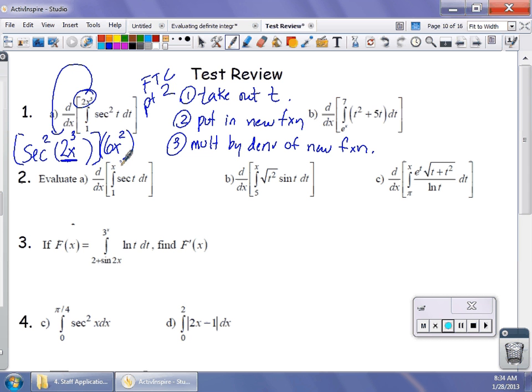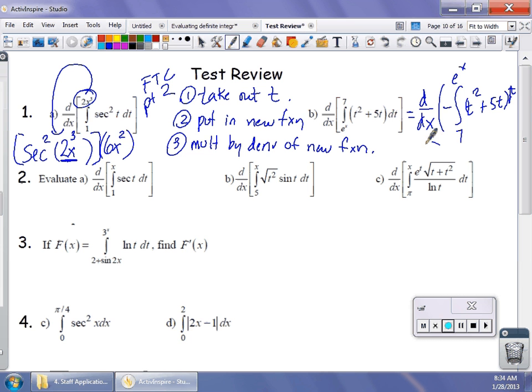Let's look at letter B, because you'll notice in letter B that the bounds are out of order. So this is the same thing as the derivative of, if I want my constant to be initial, that would be the same thing. If I'm going to change the bounds, I change the sign. That goes 7 e to the x t squared plus 5t dt.